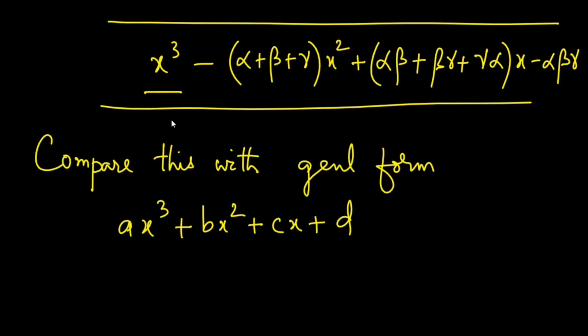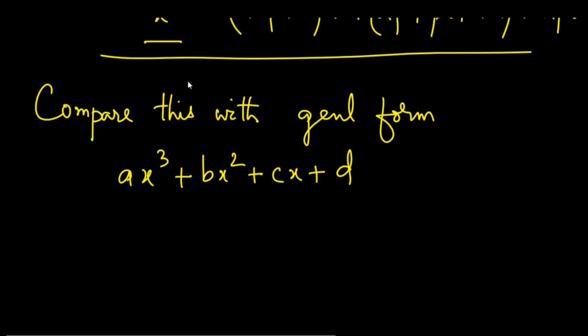Now to compare the cubic polynomial we have got here with the general form, we can multiply this with a to make the leading term as ax cube, or we can multiply with k. In both ways we can get it.